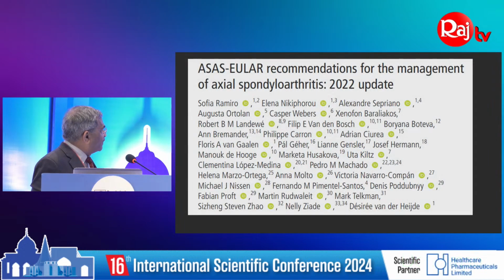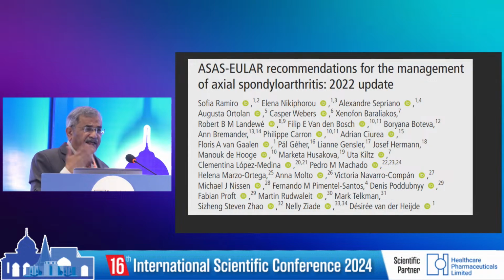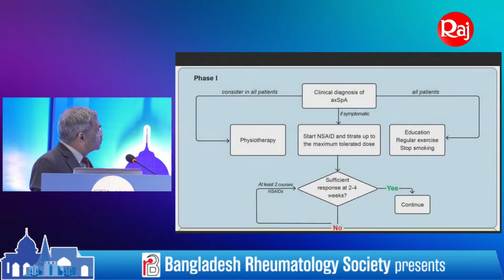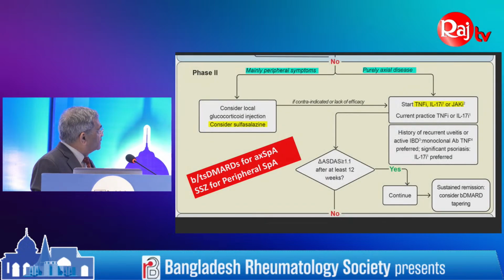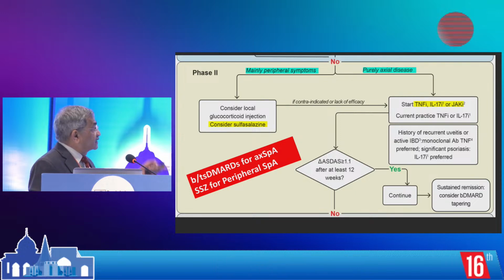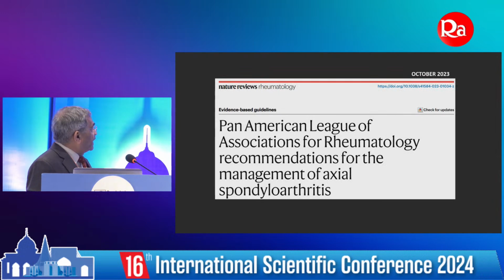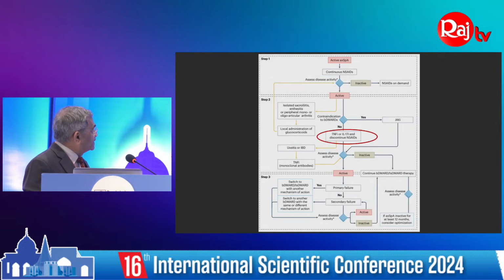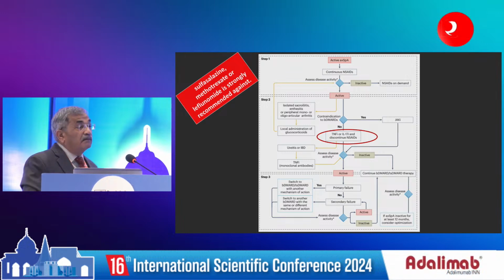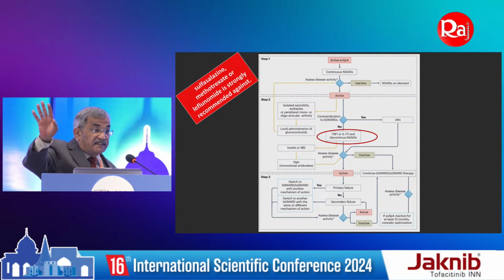So recommendation, whether A, B, C, D, I'm not going to read this recommendation, but what I'm going to tell you, which I already told you: sulfasalazine for peripheral, biologics for axial SpA. The Pan-American guidelines were also almost the same: sulfasalazine, methotrexate, leflunomide, big no for axial disease.